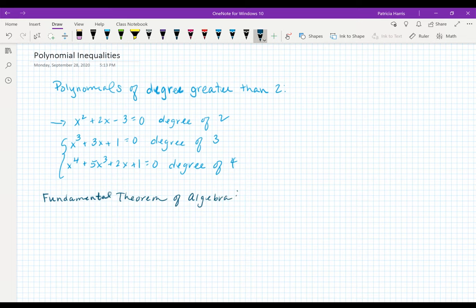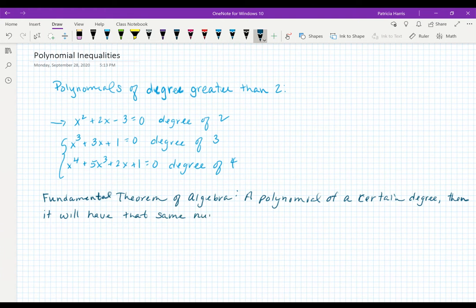Basically the fundamental theorem of algebra says that if you have a polynomial of a certain degree, then it will have that same number of solutions counting multiplicity.